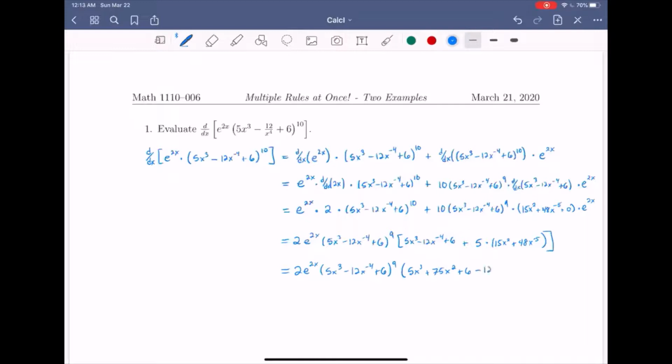So I'll just write negative 12x to the negative 4 plus, and okay, now I got to do 5 times 48 times x to the negative 5, and 5 times 40 is 200. 5 times 8 is 40, so that's 240. x to the minus 5. And you could certainly write x to the minus 4 as 1 over x to the 4, and x to the minus 5 is 1 over x to the 5, but I'm just going to leave it like that.